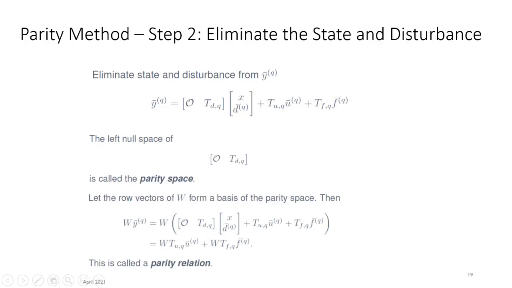So on the left, we have W multiplied by Y, Q. And on the right, we have W multiplied by this term, but because it is 0, I have ignored that. I've not written that here. Then we have W multiplied by T_U multiplied by U, and W multiplied by T_F multiplied by F. So this is actually what we have.